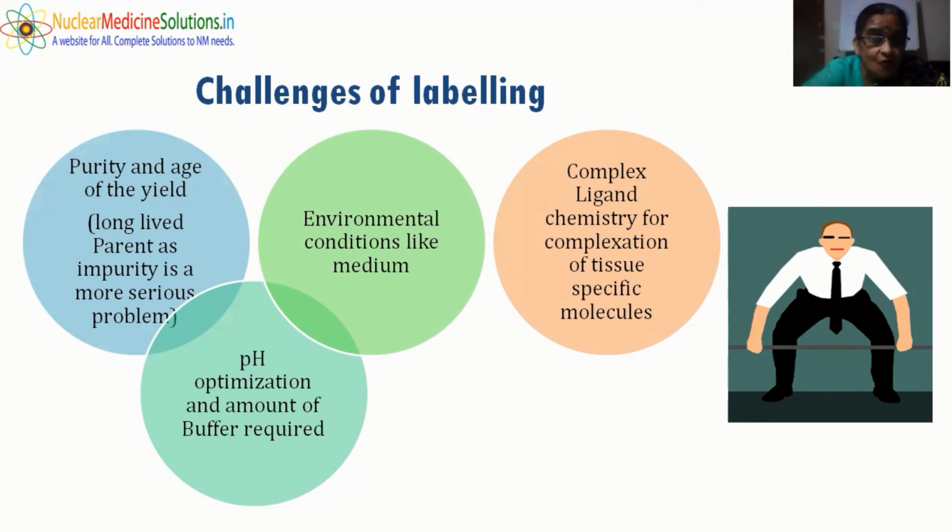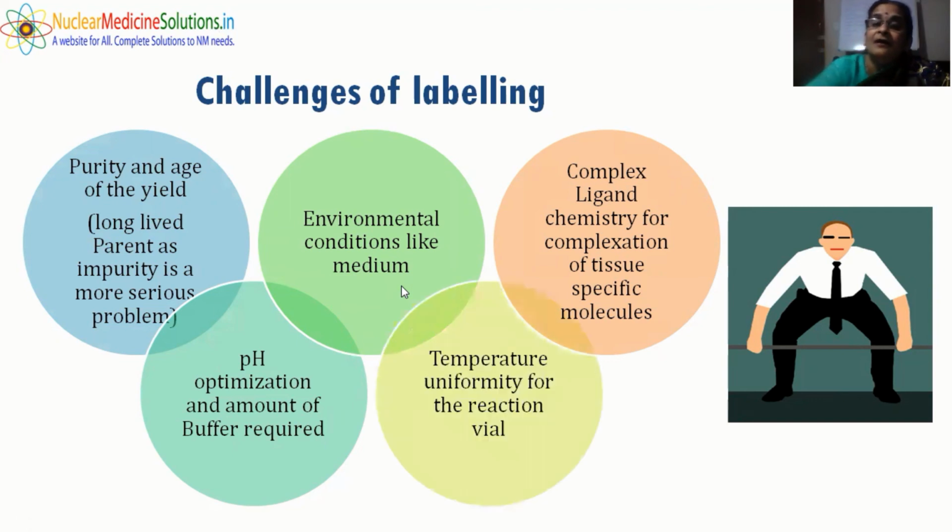So in vivo, all these have to be studied very carefully. And as I've talked about the environmental conditions, the pH optimization and amount of buffer required become important.